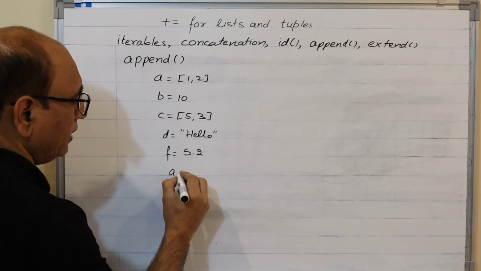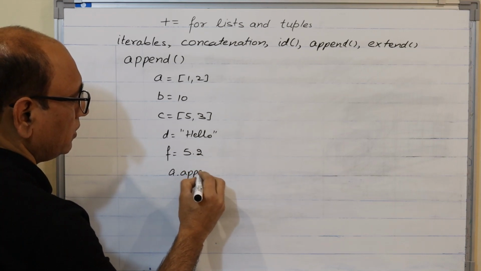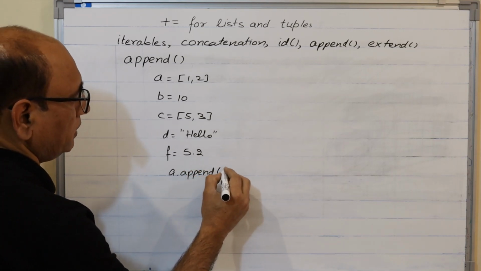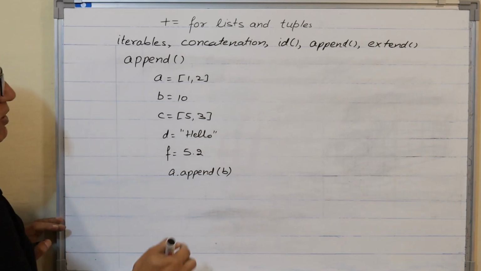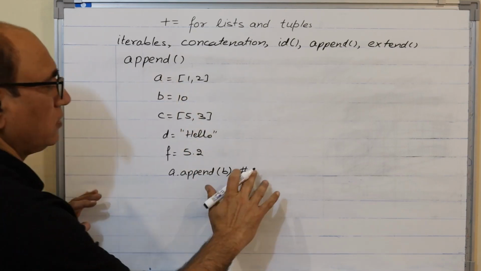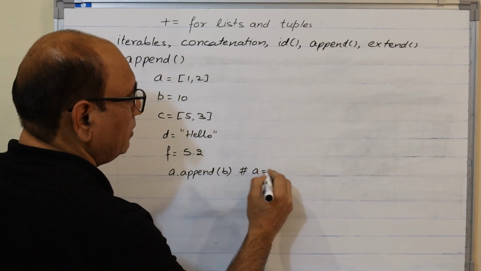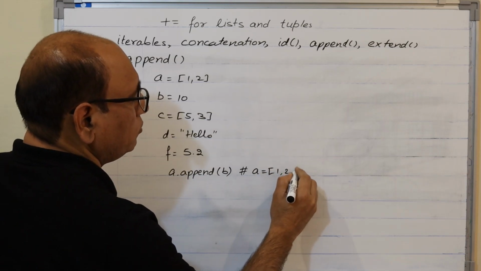Now if I say A dot append B, it will append the value 10 to the list A. So the list A will contain the elements 1, 2 and 10.